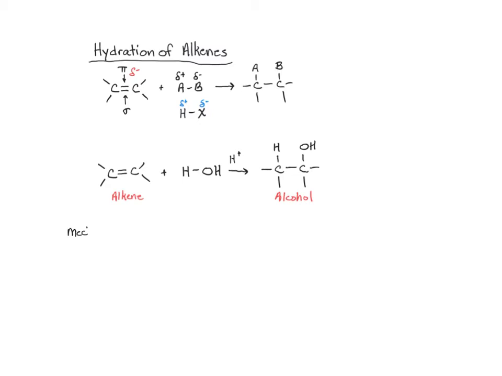Okay, so the mechanism for this reaction does not start off right away with having the alkene attack the H of water. Okay, the first thing that's going to happen is that the water is going to react with the sulfuric acid.